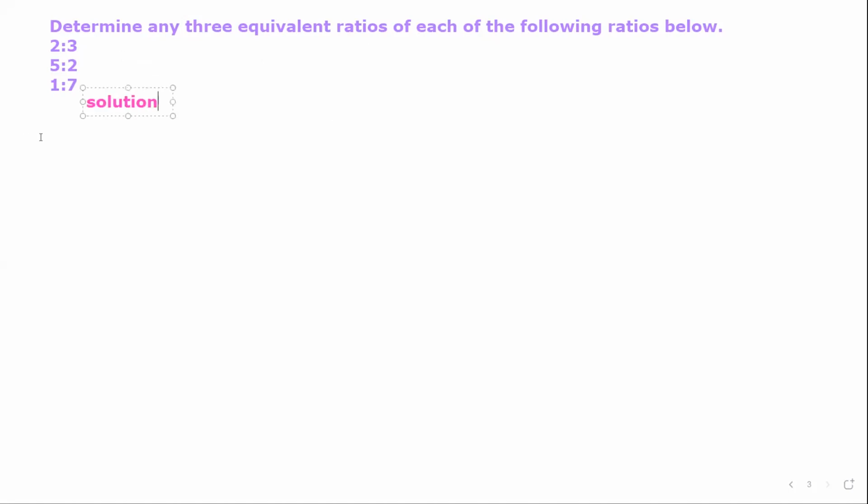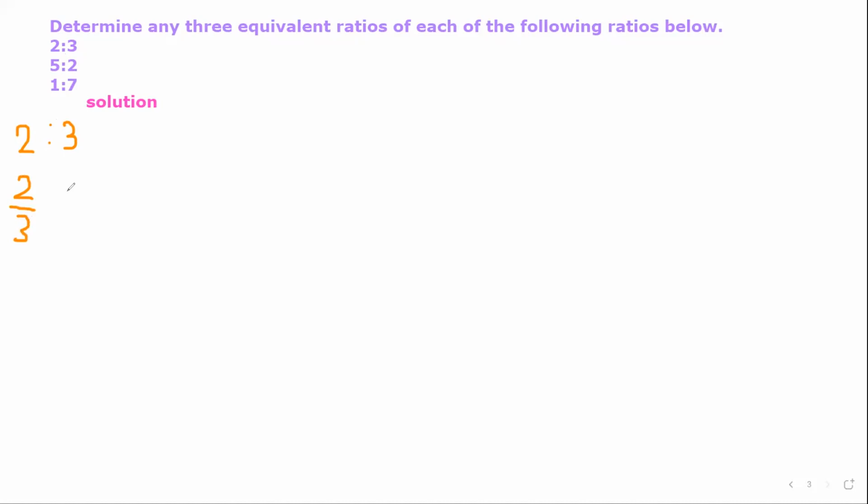When you take the other one, which is 2 to 3 here, if you want to write 3 additional ratios that will be equal to these ratios, first you change the ratios into fractions. To change 2 to 3, it's the same as 2 over 3.